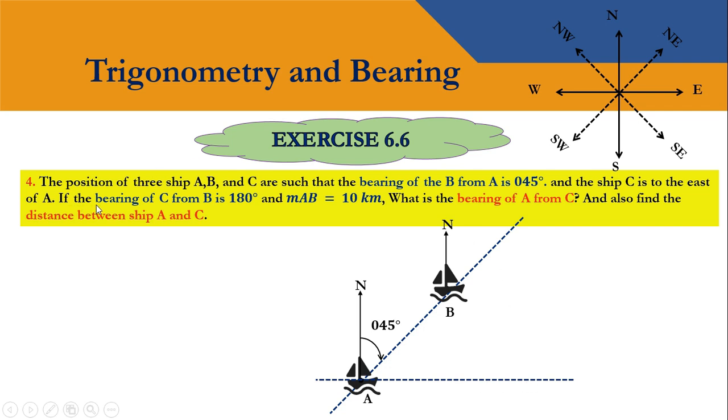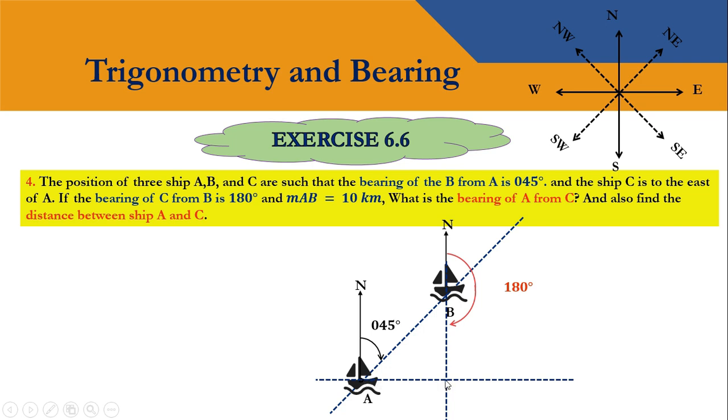The bearing of C from B is 180 degrees. So we will construct the bearing at ship B to find the location of ship C. Here is the bearing of 180 degrees from ship B, and connecting this line with the bearing point straight downward, this line intersects the line which is coming from ship A in the east direction.